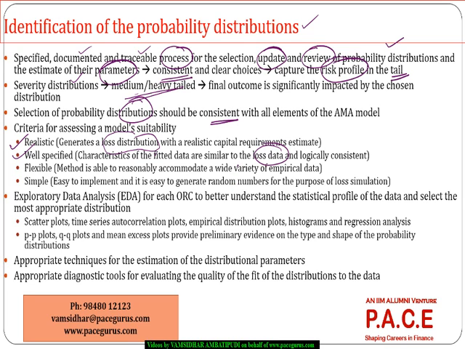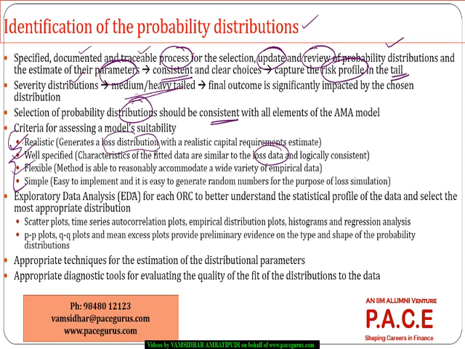More flexible, right? Even if the data changes a little bit, it should be able to accommodate that. A wide variety of empirical data needs to be accommodated in that model. And finally, it should be easy to implement. Simulation should be very much possible on that particular model. All those things need to be taken care of for assessing the suitability of a particular model.